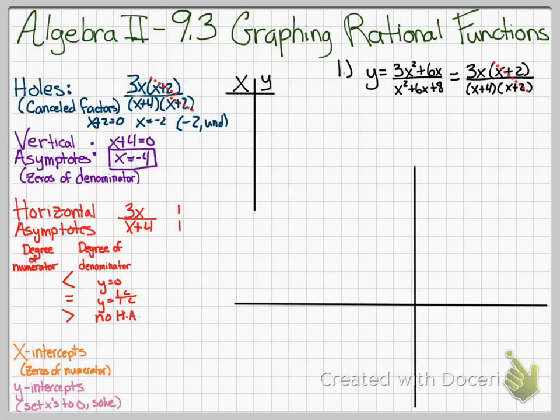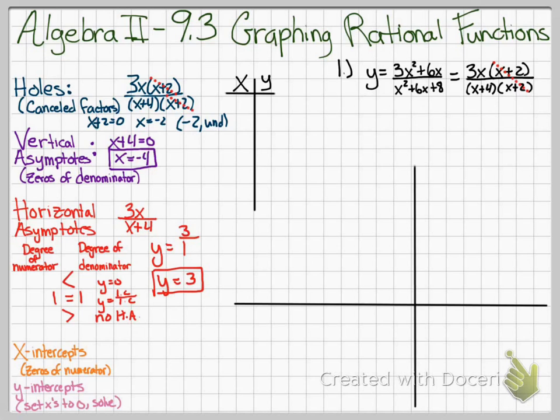So 1 is equal to itself. So we are going to find a horizontal asymptote when we take the leading coefficient of the numerator and divide it by the leading coefficient of the denominator. So in our case, that means we're going to get y equals the leading coefficient of the top, which is 3, over the leading coefficient of the bottom, which is 1, or more simply, y equals 3.